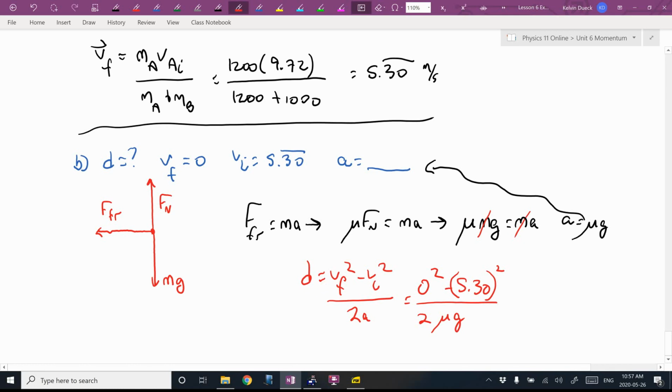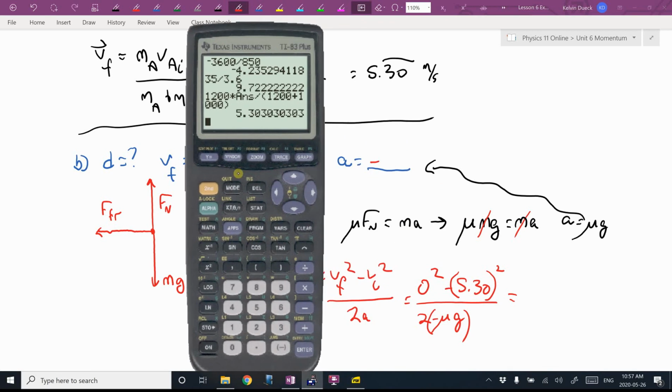This is going to give me a negative answer. Actually, this acceleration, because we're slowing down, it's negative. So I'm going to put a negative in there, because we're slowing down. 0 squared minus answer button squared divided by bracket 2 times negative.